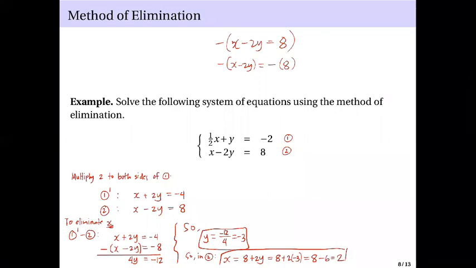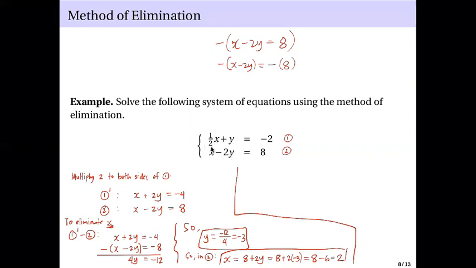Question? Yes. Why is it just one equation we multiply by 2? The idea of the method of elimination is that we want to have one of the variables with the same coefficient. For example, in here, I have 1/2 x plus y equals negative 2. And the other one, I have x minus 2y equals 8.